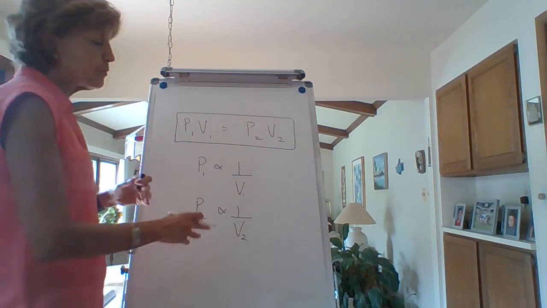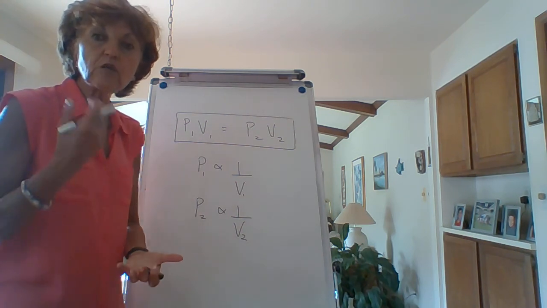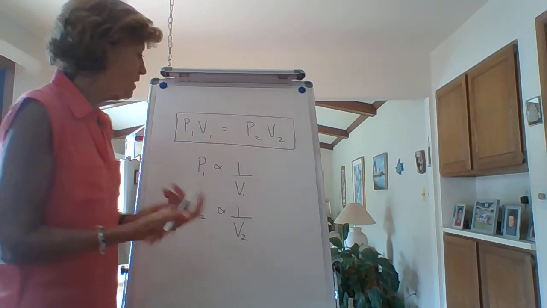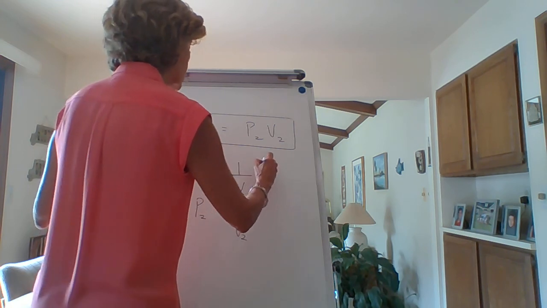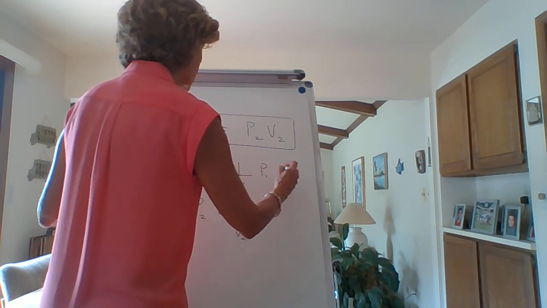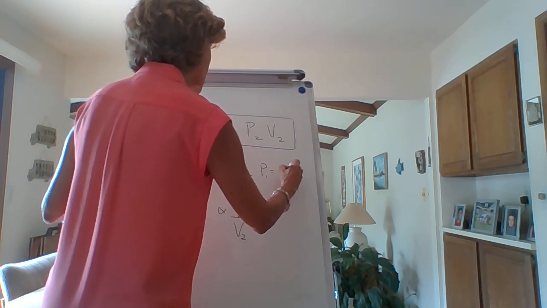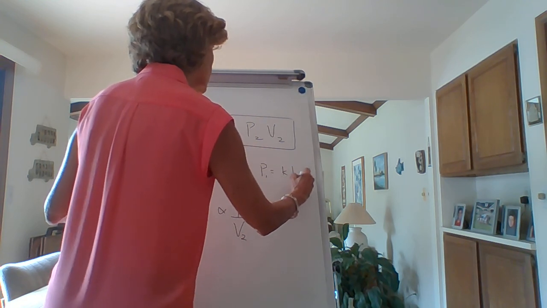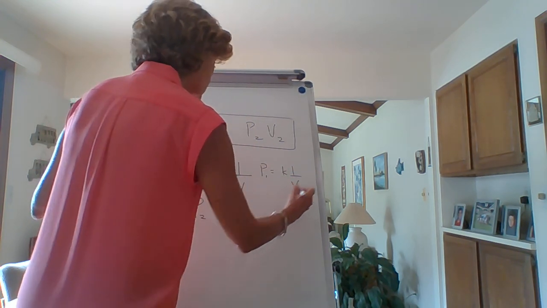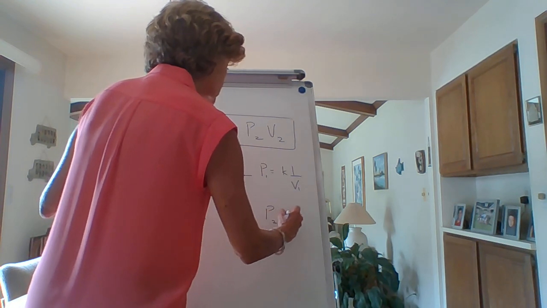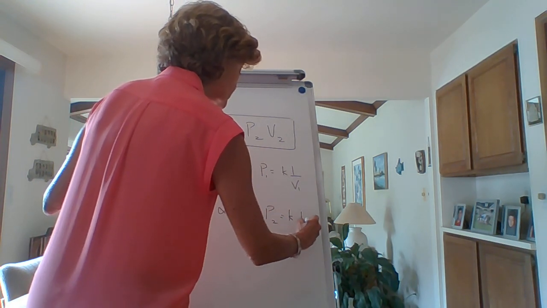When you turn a proportionality into an equality, you put in a constant, K. So you can say pressure 1 is equal to K over V1. Pressure 2 is equal to K over V2.